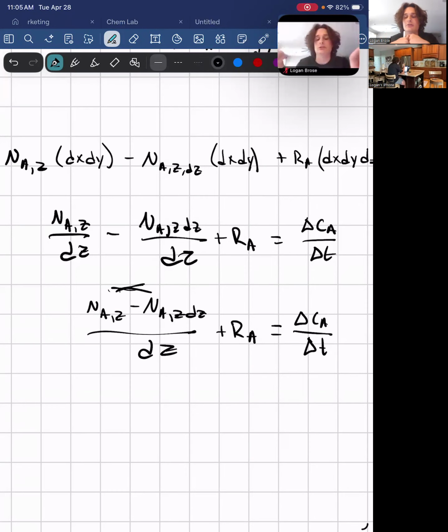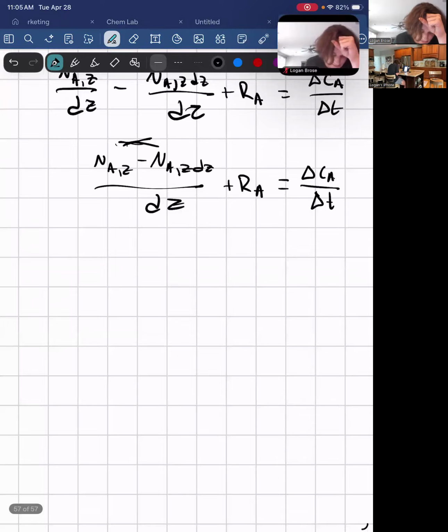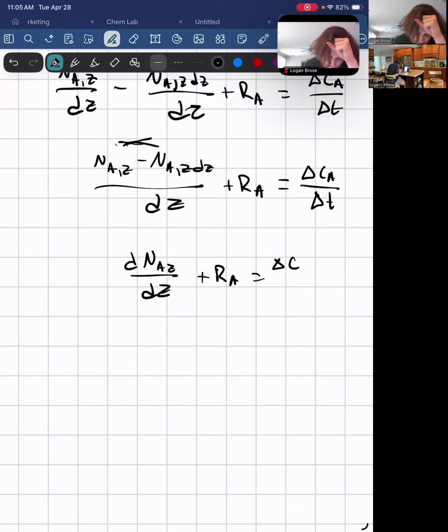Well, that's just the change in the molar flux from z to z+dz, right? So we can rewrite this as dNA z over dz plus RA equals delta CA delta T.